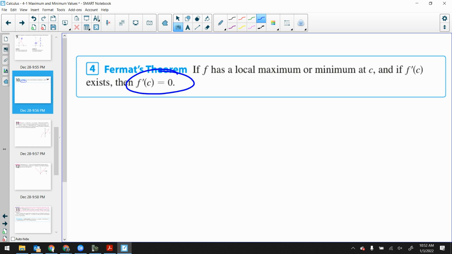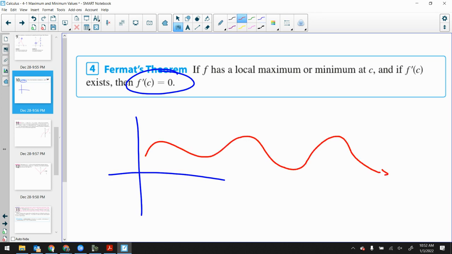Let me show you a continuous graph that is always differentiable. Okay, maybe some weird one that looks something like this. Take a look at where all the local minimum and maximum points are. Okay, there's one over here, there, here, there, here, there.